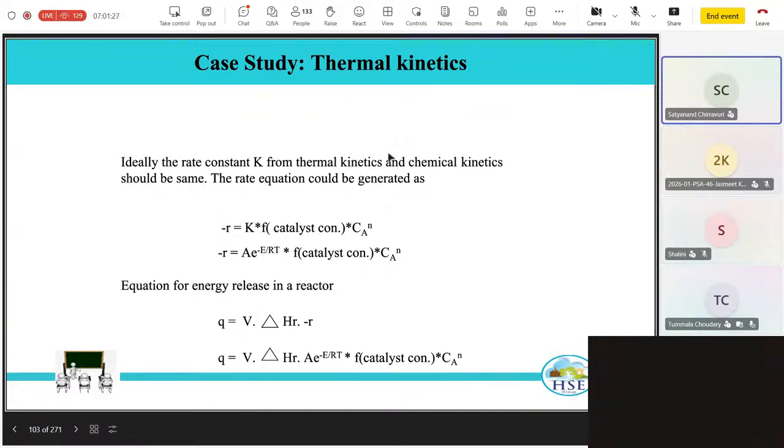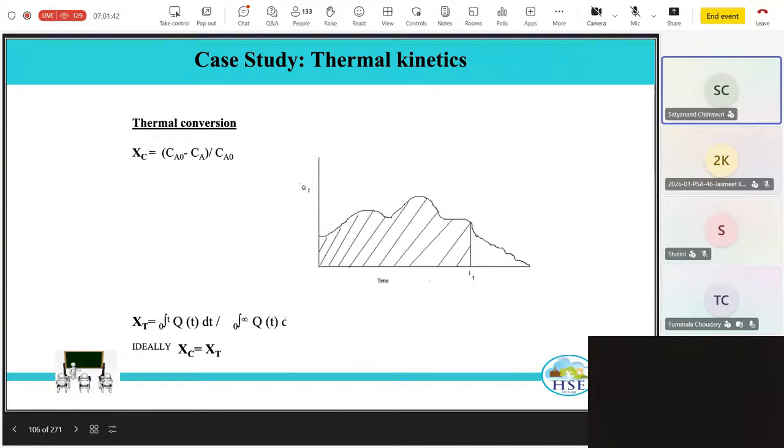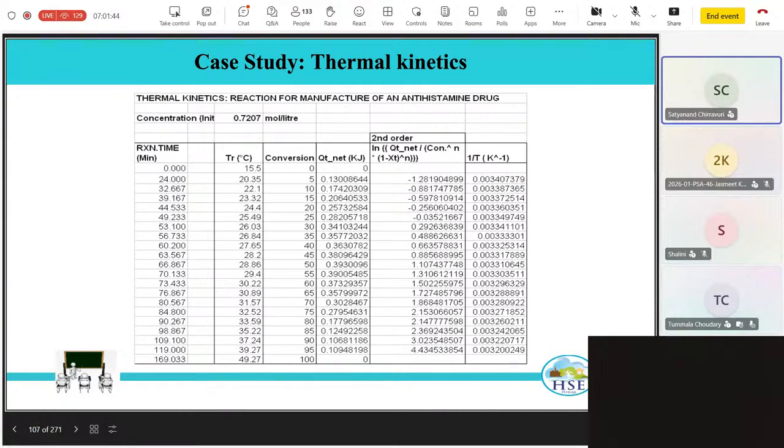If you are using a reaction calorimeter appropriately, in the right way, you will be able to use thermal kinetic data to design your reactors. You can develop your own rate equations and get the rate constants as well.